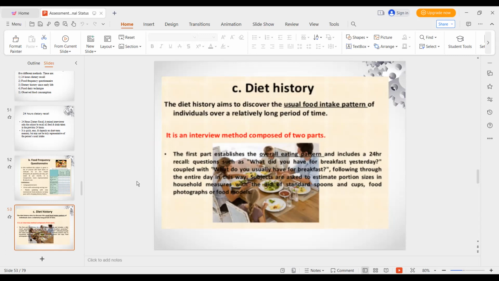In this way subjects are asked to estimate portion size in household measures with the aid of standard spoons and cups, food photographs and food models.